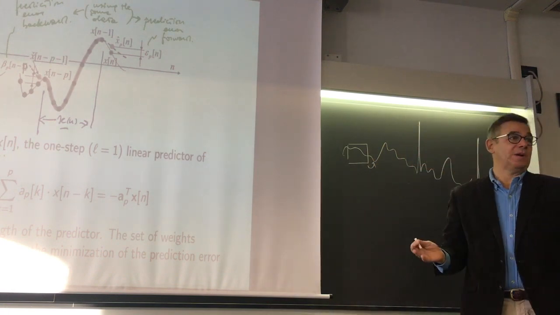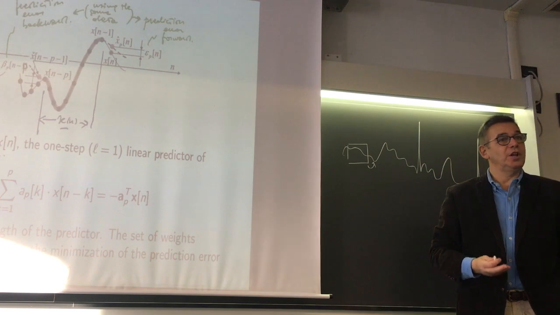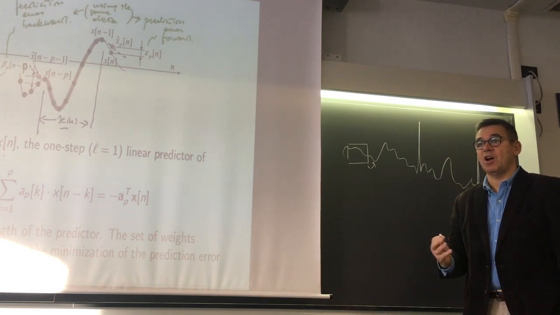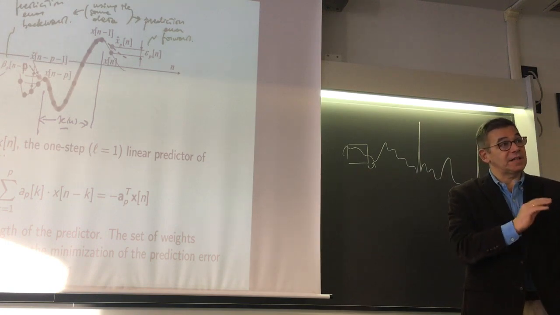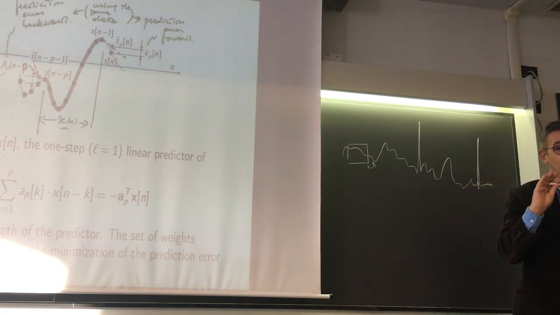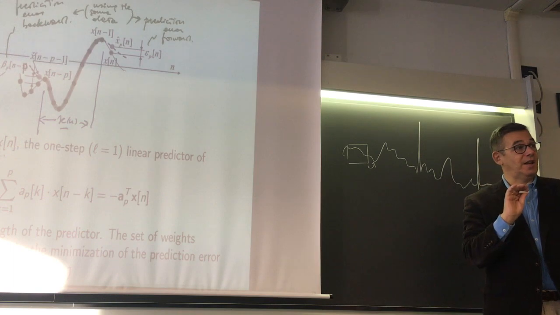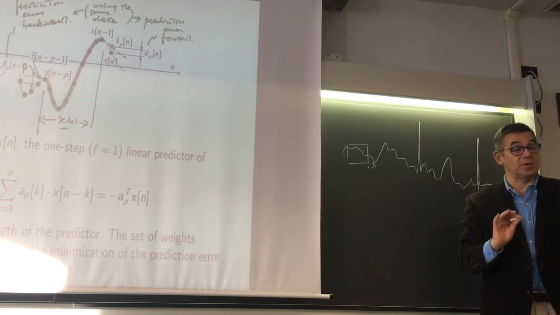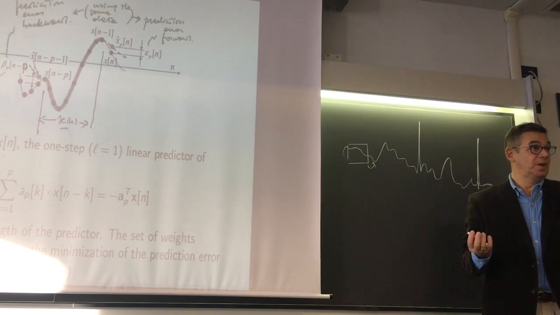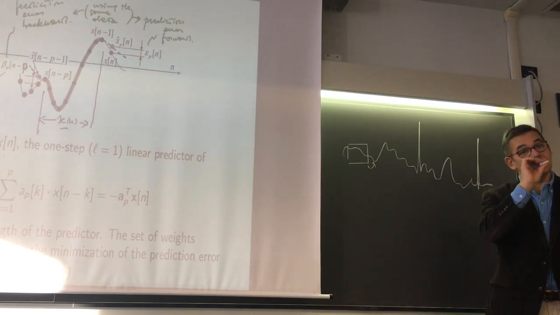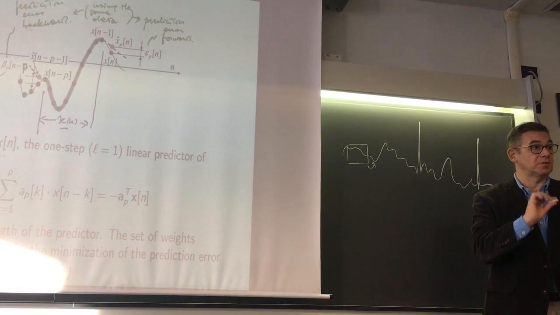Now, the prediction is not perfect, because otherwise you would have perfect predictability. If the signal is perfectly predictable, which might exist, then that means the signal is deterministic. A perfectly predictable signal is, for instance, a sinusoid.